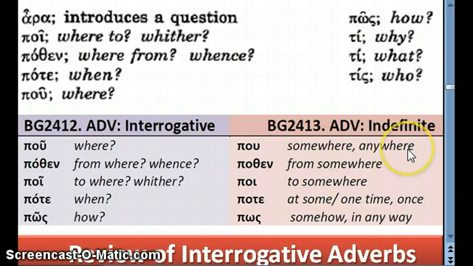Where becomes somewhere or anywhere. Pothen, from somewhere. Poi, to somewhere. Pote, at some time, at one time. Pos, somehow, in any way. Just as you would lose these question marks, it would be the same way. Ti without the accent mark becomes, instead of what or why, someone or something. Pardon me, it's neuter. Tis becomes someone.